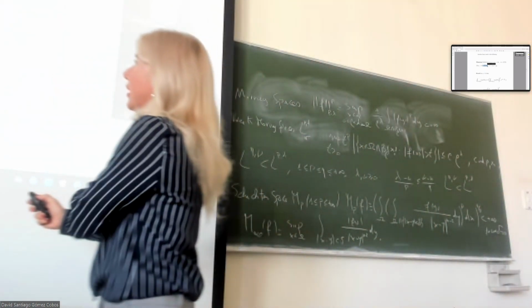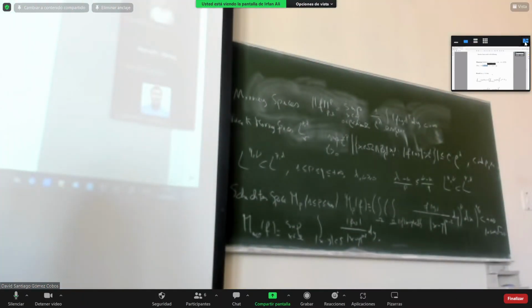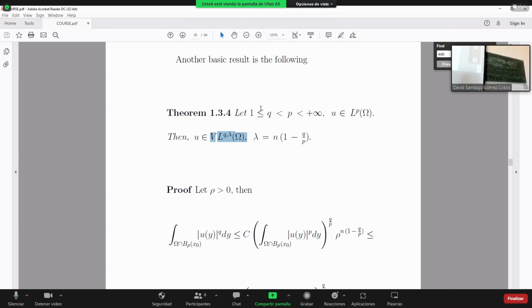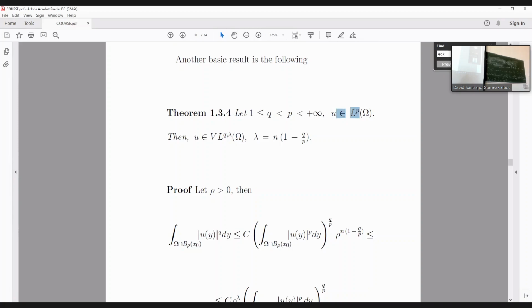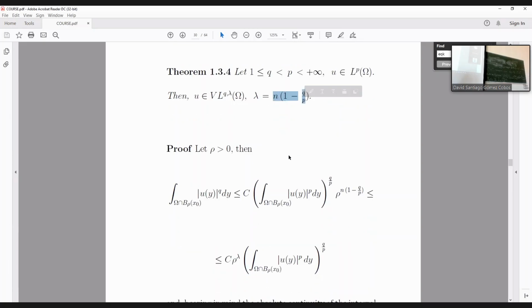So what we have is that if q is more than p, a function u in LP is in the vanishing Morrey class LP lambda, where p is less than q and lambda is exactly n times 1 minus q over p. Well, let us prove this new result.